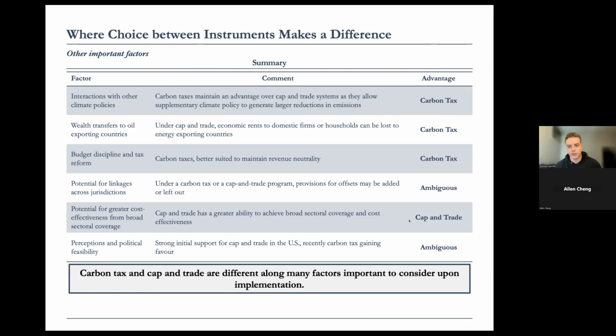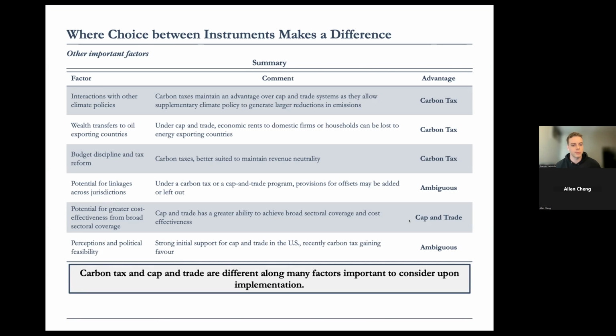And so this is an ambiguous effect, and one that is going to be very region-specific, but nonetheless important to consider. Fifth, the potential for greater cost effectiveness from broad sectoral coverage. So cap and trade has a greater ability to achieve broad sectoral coverage and cost effectiveness. So this is a point in favor of cap and trade.